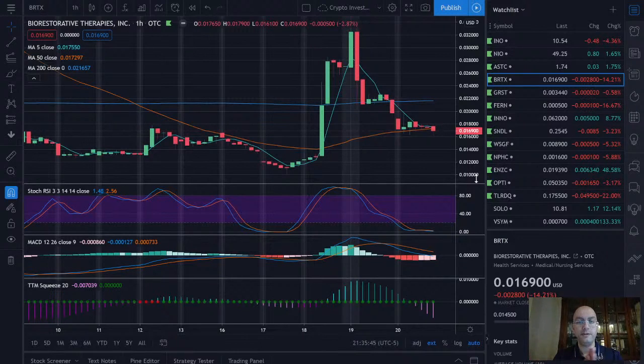However, there's a caveat here. If the price is in the overbought area, do not assume that you need to drop your ticker and sell immediately, because sometimes it is in the overbought area and it continues to increase.